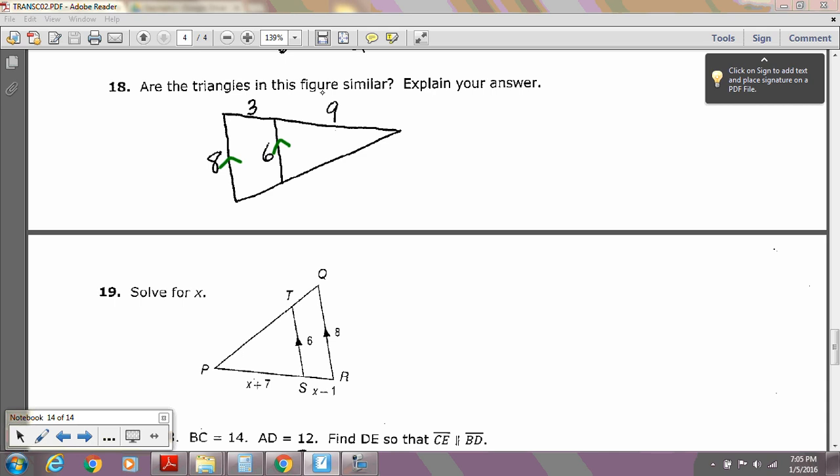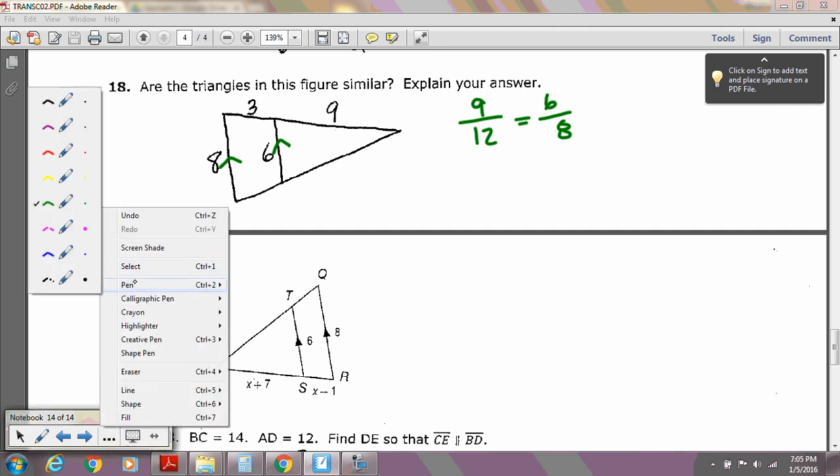However, you can also pull them apart and compare proportional sides. So we could say 9 is to 12 as 6 is to 8 and reduce the fractions to see what it comes out to be.